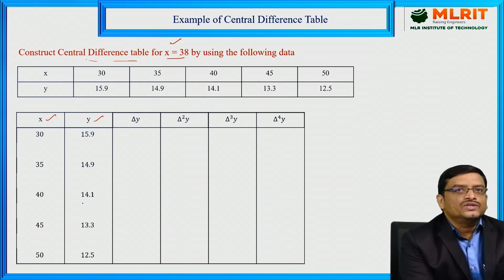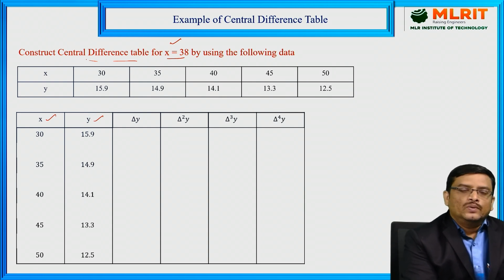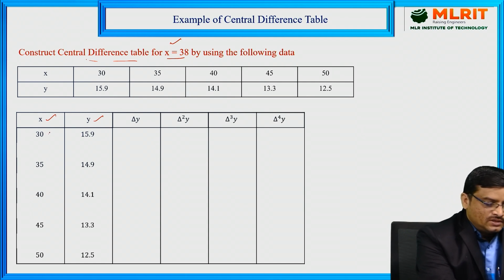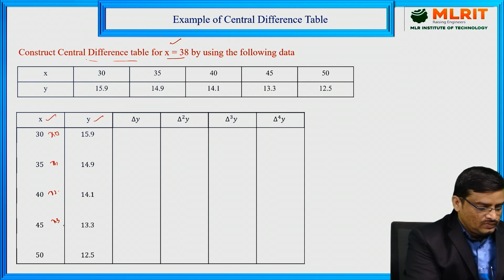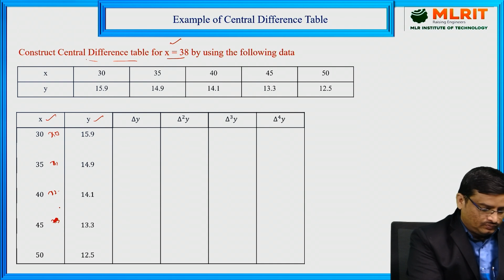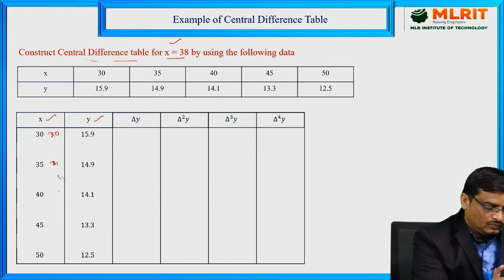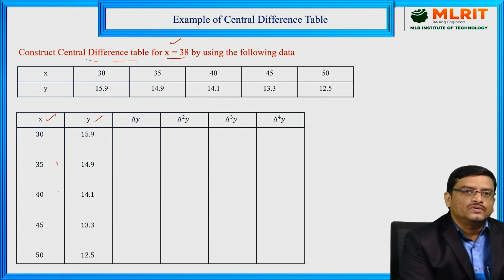Whereas in Newton's forward or Newton's backward, we have represented these x values as x0, x1, x2, x3, x4 like that. But here, we should not represent these values like that. So first, our task is to identify the value of x0 from the table.